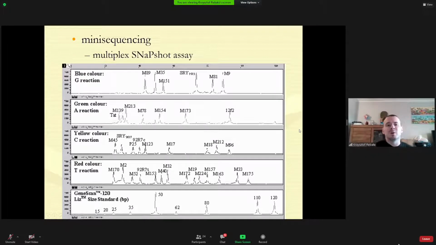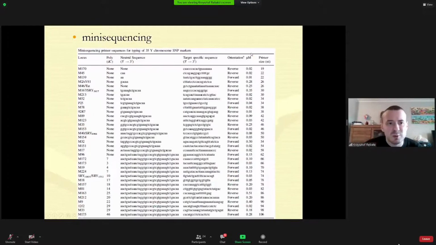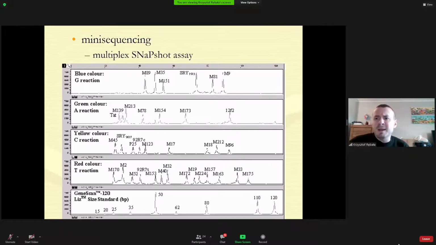So we know exactly which haplogroup the sample belongs to. And of course when you analyze a single nucleotide polymorphism by PCR, the resulting products are very often very short, so it's suitable for analysis of degraded DNA.